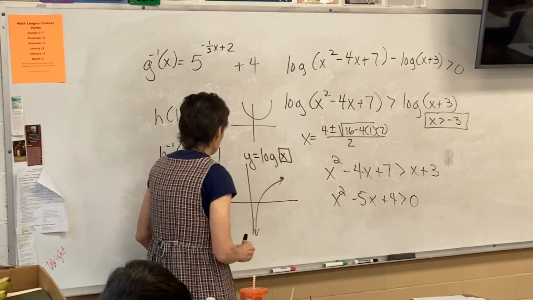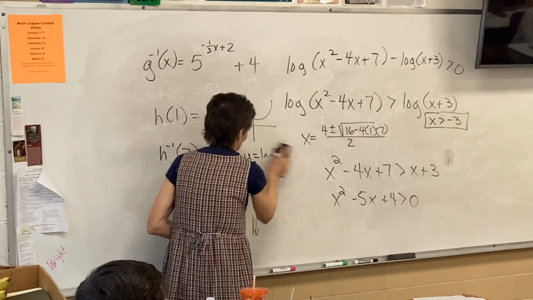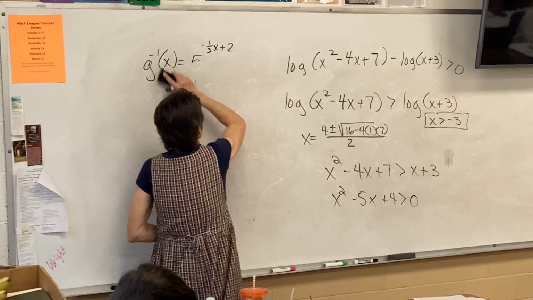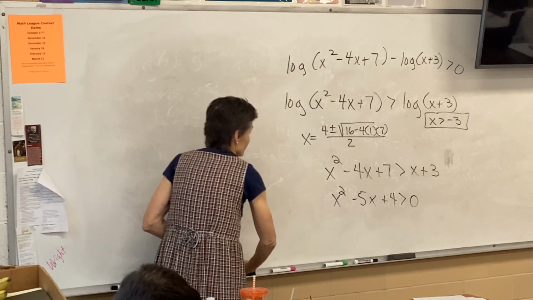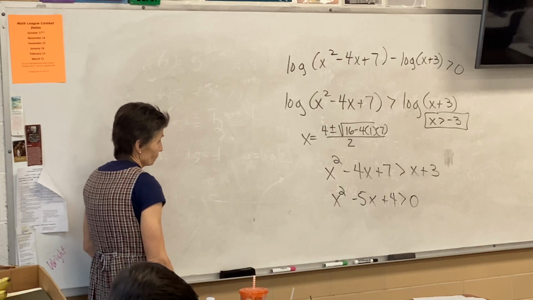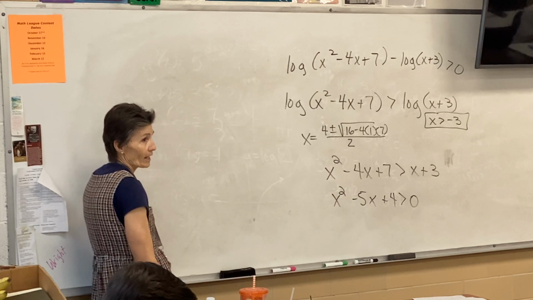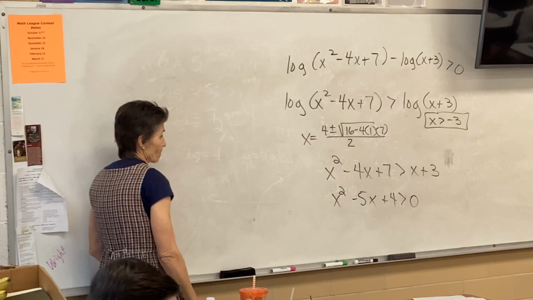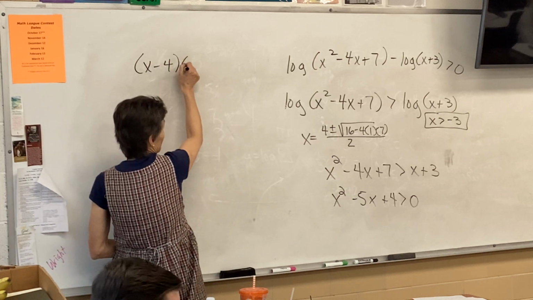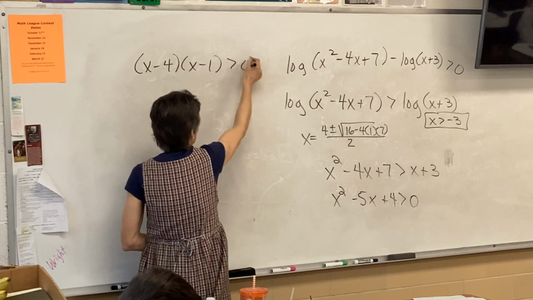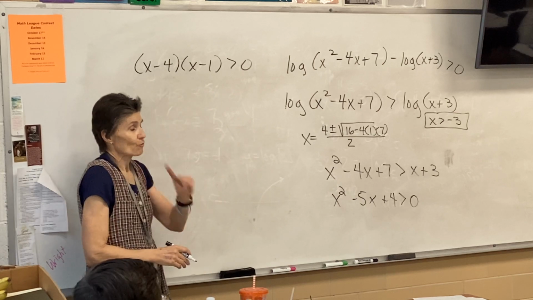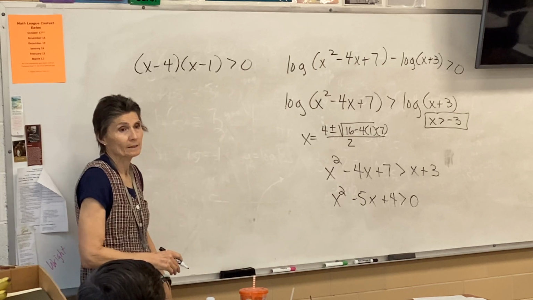What am I going to do with that? Help! What do I do? Factor. F factors. Straight out of unit 1, it's a polynomial inequality.